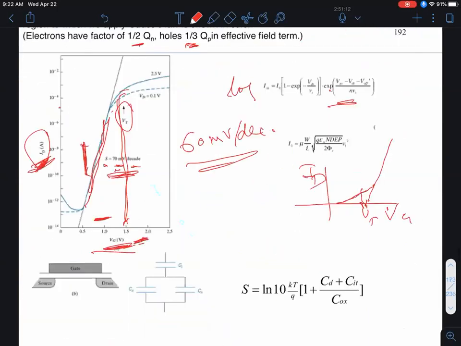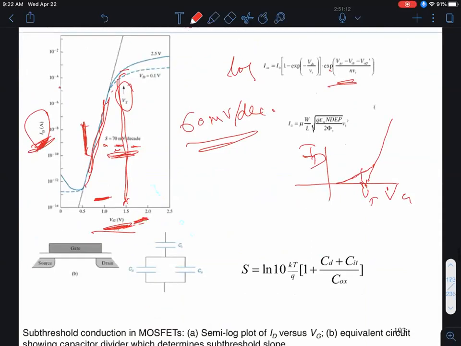In a perfect digital switch, you'd hope this curve would be a vertical line, so that as soon as you go below threshold, it turns off abruptly, but it doesn't. What we find is it looks like a straight line on a log-linear plot, which obviously means that the drain current decreases exponentially with gate voltage, okay?